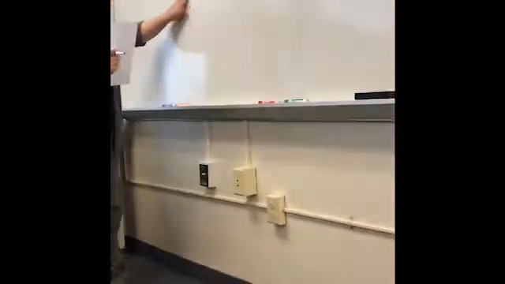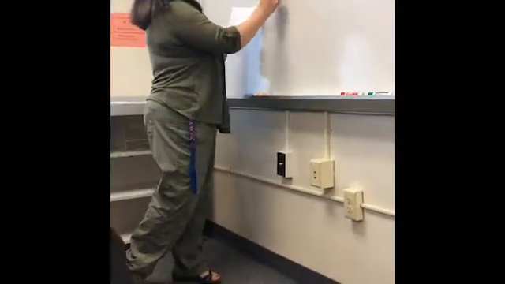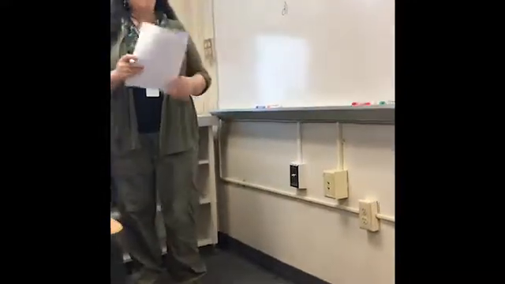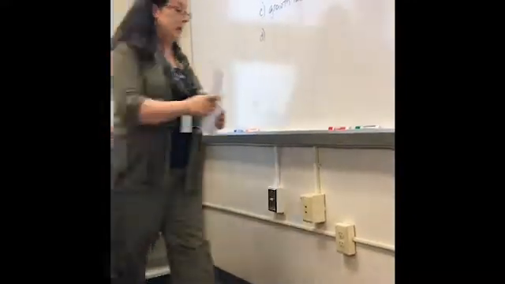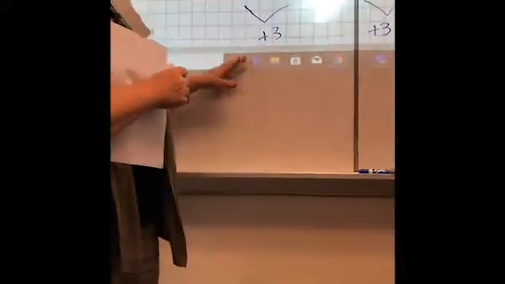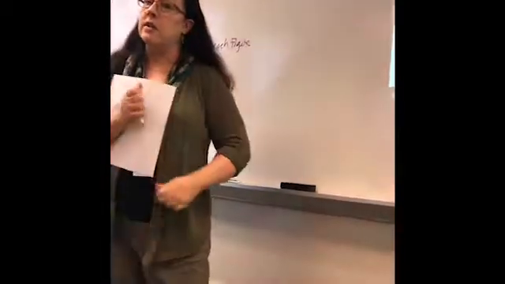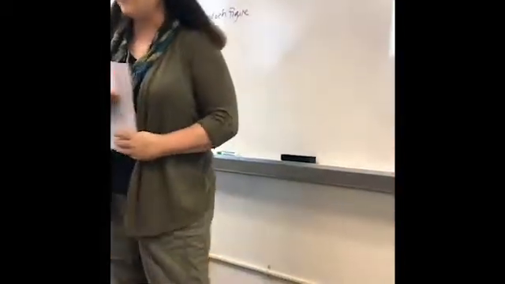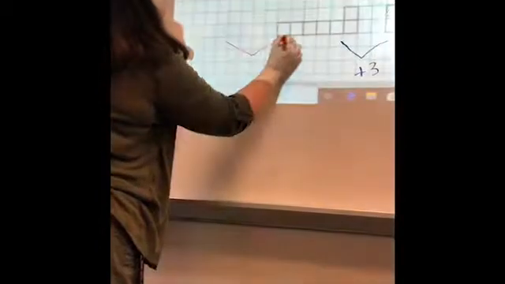D says, what would it look like if, oh, we haven't done figure 0. Okay, guys, if we're growing by 3, what are we going to do to figure out what our figure 0 looks like? Take away 3. Very good. We're going to subtract 3.